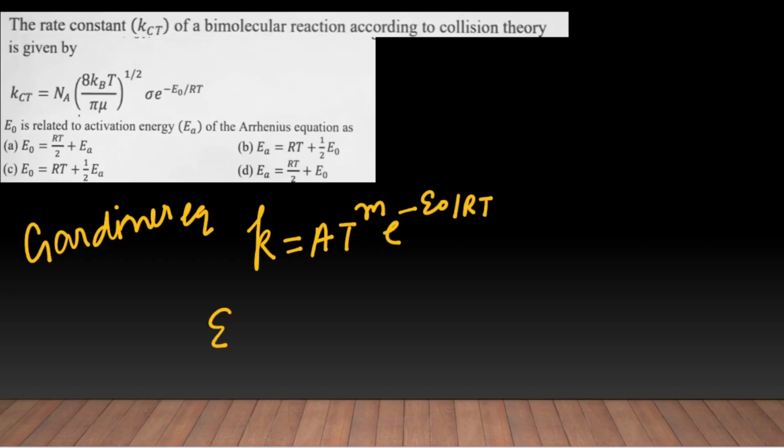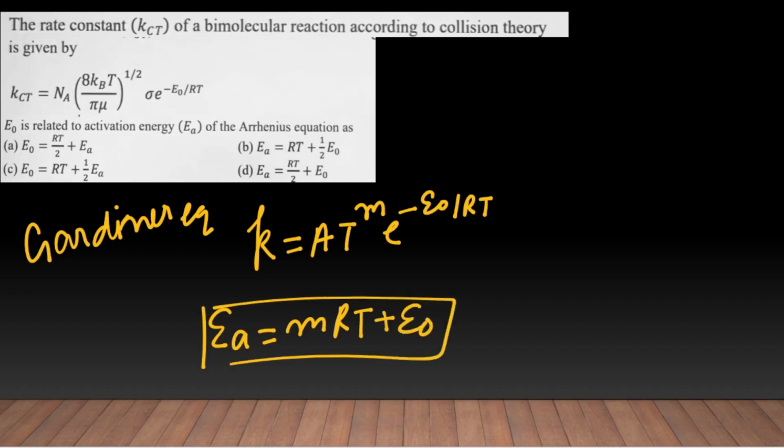According to this, the EA value, that is the activation energy, is equal to MRT plus E naught. This is the value. So here M is the power of the temperature that we are having, the power of T.